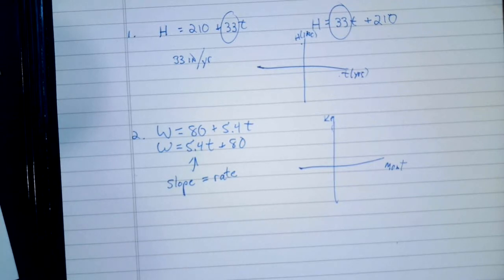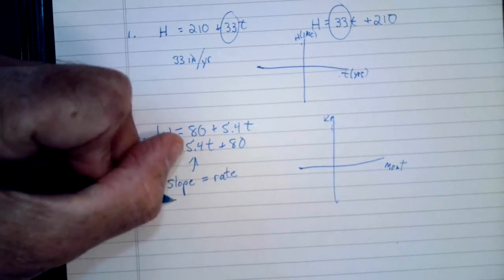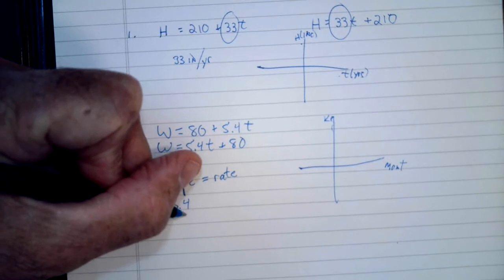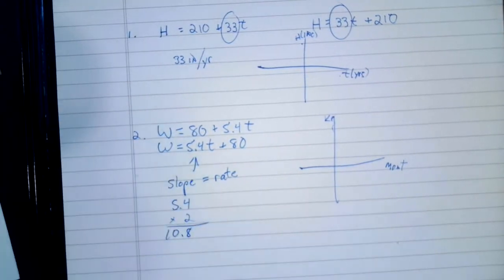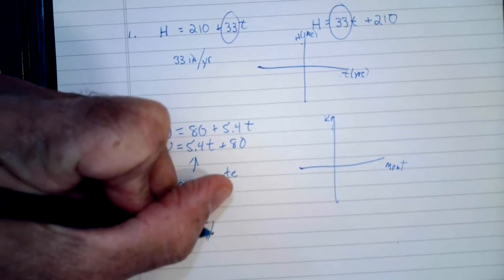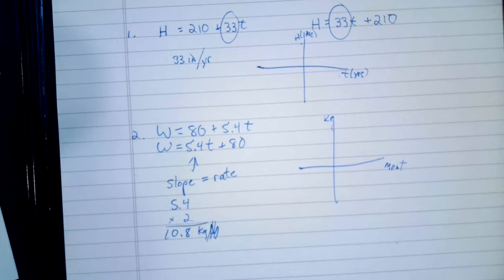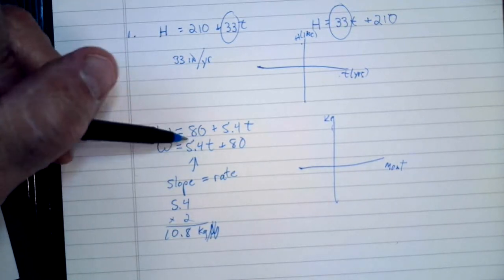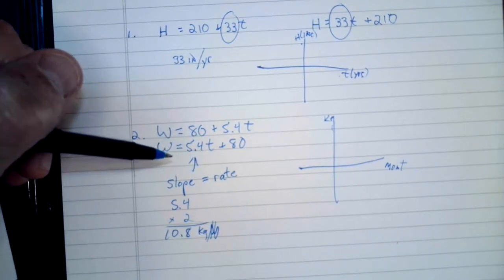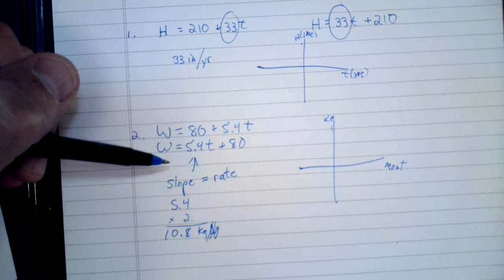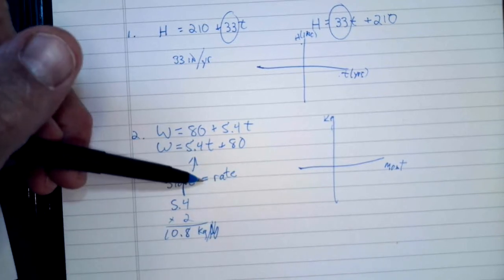The question is, what if he goes 2 months? Well, if it's 5.4 per month, 5.4 times 2 is 10.8. So that's how many kilograms he gains. So the main thing I'm looking for here is when you see this equation, why we call it the slope in most problems, another way to think of it is the rate.